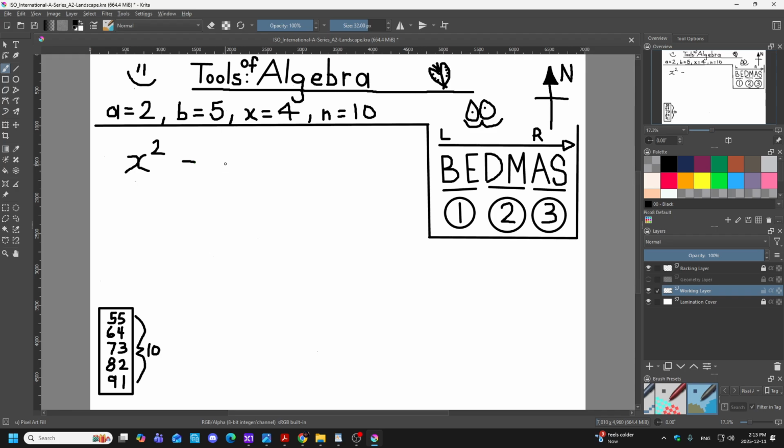Okay, we have x squared subtract 4 times n. Okay, should make that look like an n if I can. There we go, perfect. Substitution. I always like to use rounded brackets or parentheses whenever I have an exponent. What is x? X is 4.